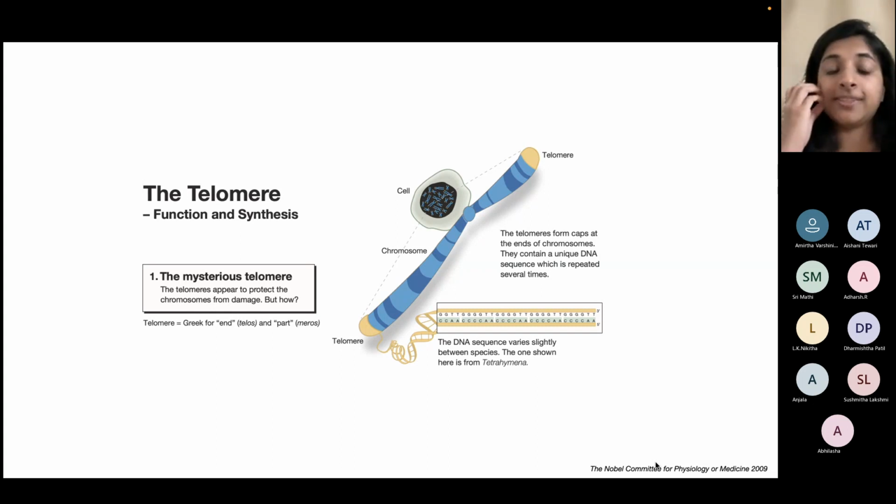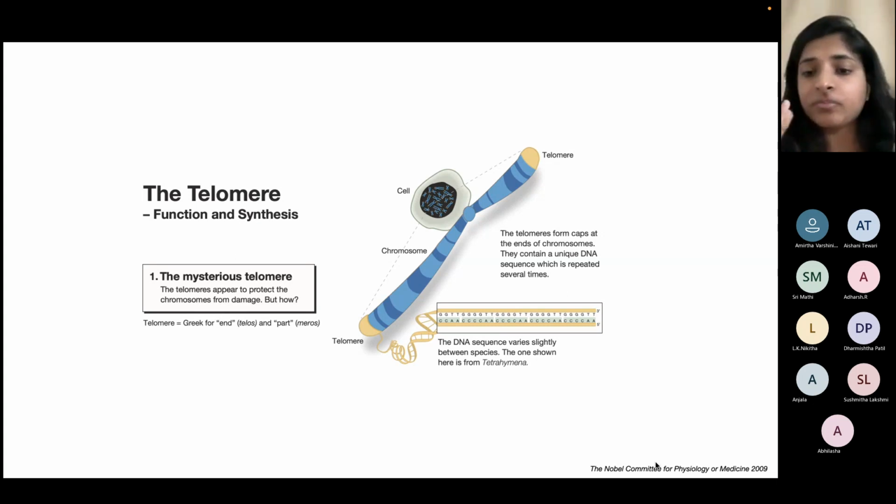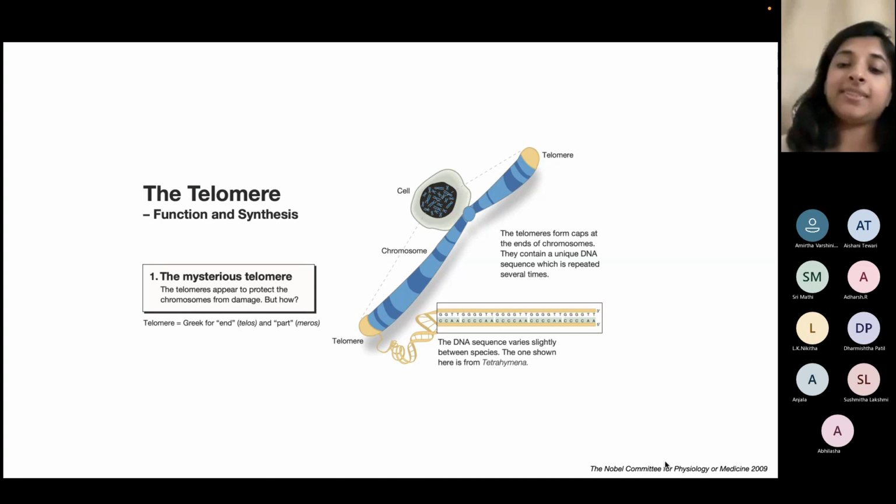So we saw that telomeres are the ends of eukaryotic chromosomes that are basically repetitive sequences present towards the end and essentially form caps at the end of chromosomes. These repeats vary from one organism to another.